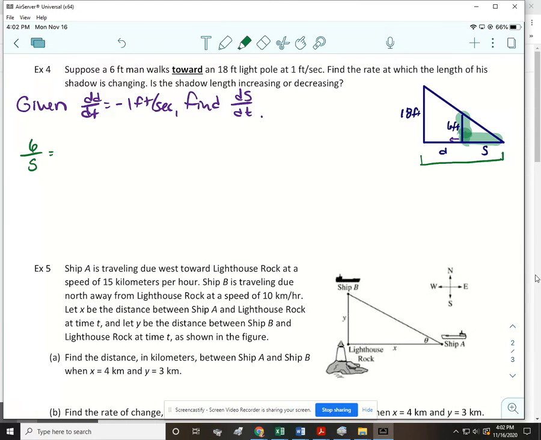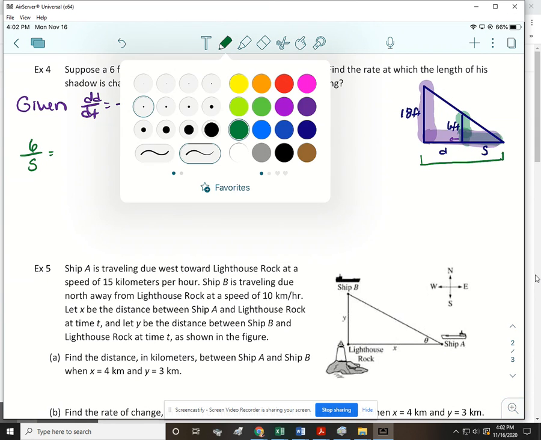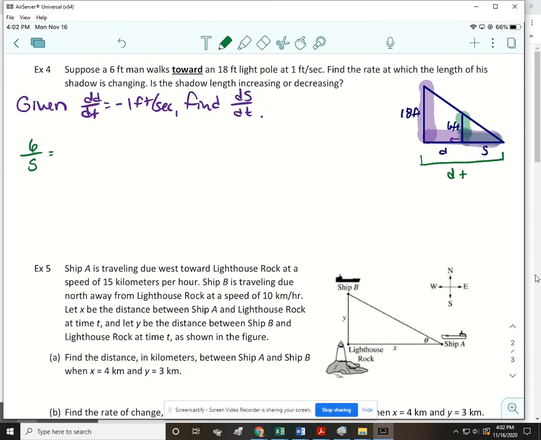And then for the big triangle, this length over this length, and that would be d plus s. All right, so that should equal 18 over d plus s. Now there's more than one way to set this up. When I did it earlier, I set up a little differently. So there's several ratios we could write. But to solve a ratio, you cross multiply. So we have 6d plus 6s equals 18s.